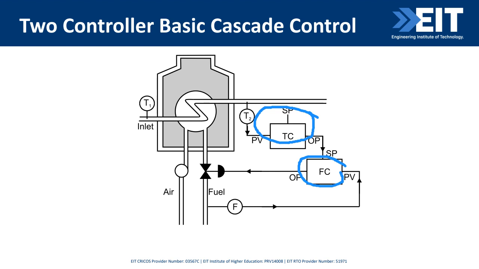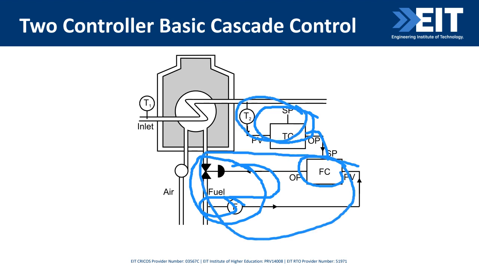But in addition, you're measuring the flow rate, and you're using the flow rate to actually control the valve here. So you've got basically an action happening here, and obviously you've got your original loop over there. So that's a cascade loop: a temperature controller into a flow controller.